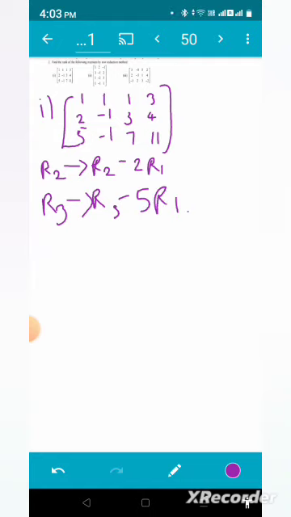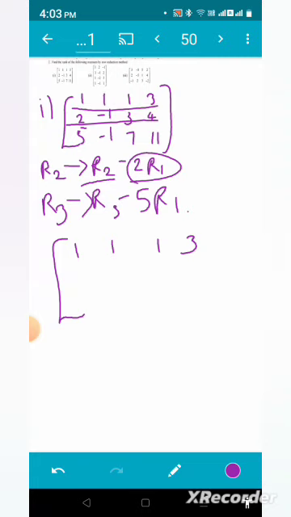So we get first row, put it itself, no changes in first row. In second row, R2 minus 2R1. We multiply 2 with R1 and subtract from R2.